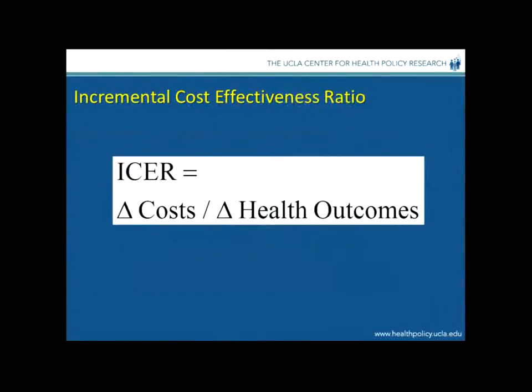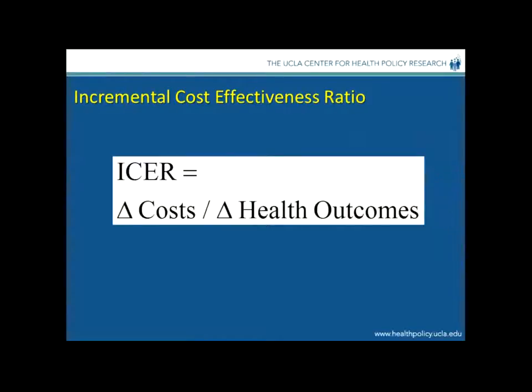So cost effectiveness ratios, and I don't mean to oversimplify it, but in its most simple form, what we calculate are incremental cost effectiveness ratios. The ICERs are what they're called. And this is really the goal of cost effectiveness. We want to get an ICER. An ICER is the change in cost divided by the change in health outcomes.